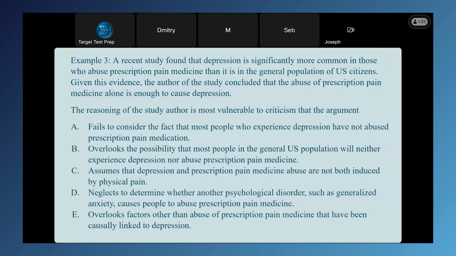It does neglect to determine whether another psychological disorder, i.e. not depression, such as generalized anxiety, causes people to abuse prescription pain medicine. But even if that were true, it could still be the case that once people are abusing it, it is causing depression. So this is like a step before our causal chain, and therefore it is out of scope.